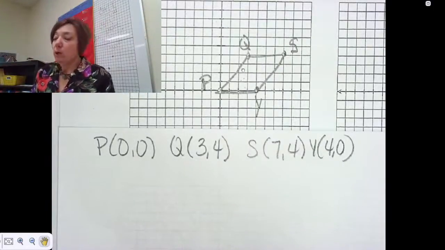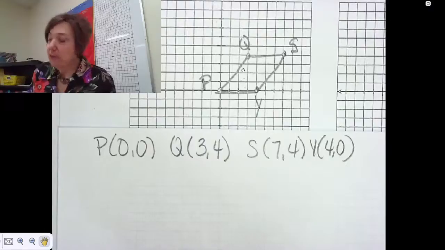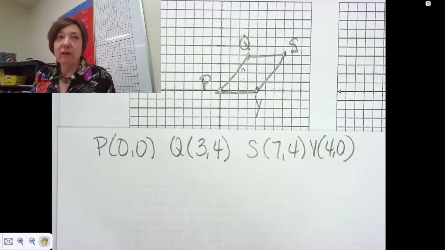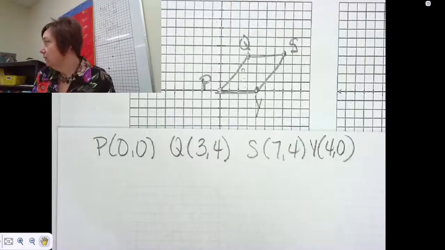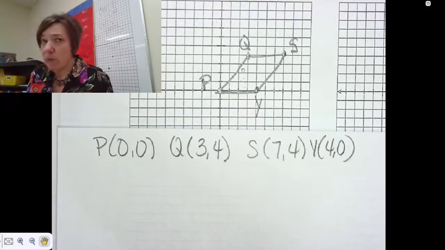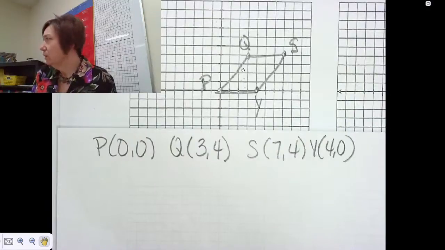Okay, so on number 5, they tell us to determine if it is a parallelogram based on the method that they gave us. So what does it say on number 5? What method? Slope formula. Now let's talk about what slope formula does for us. If we find the slope of the segments, how do we know if lines are parallel or not?